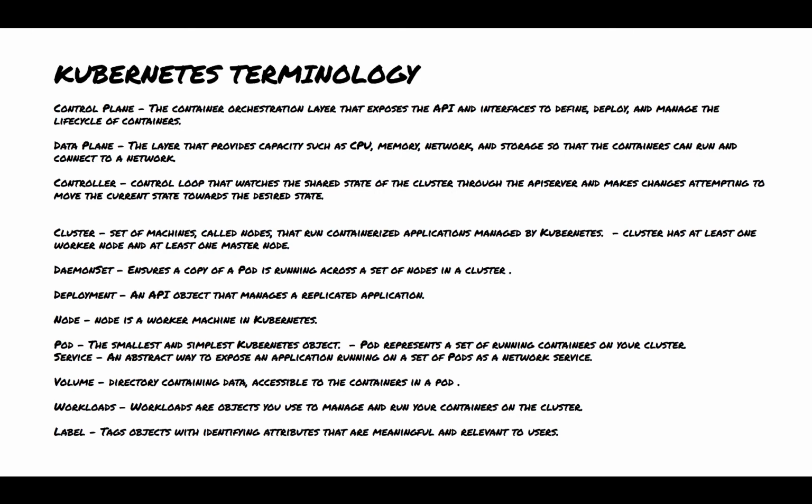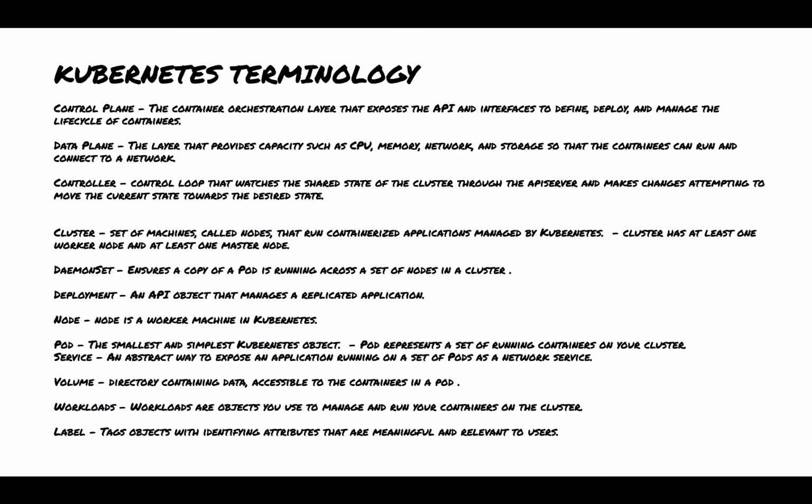Cluster. Cluster refers to a set of machines called nodes that run containerized applications managed by Kubernetes. So when there's a cluster, it takes care of the master node, the worker node, and all the containerized applications. The entire thing is known as a cluster.